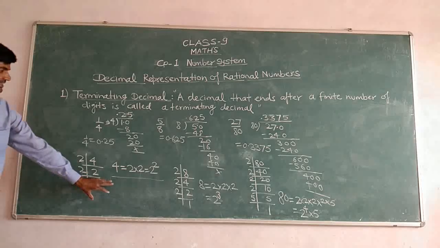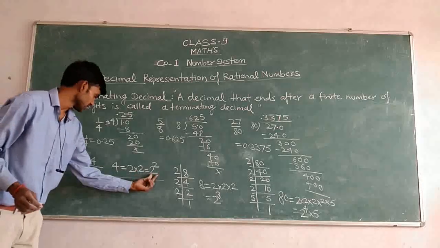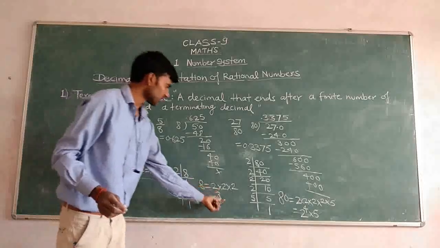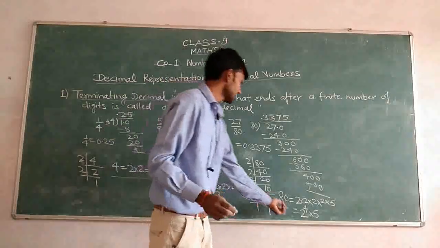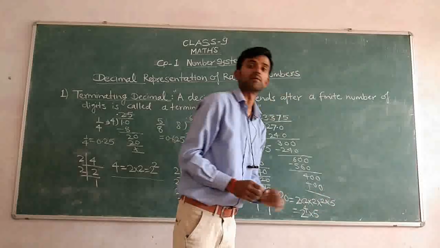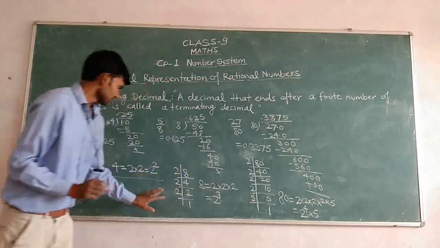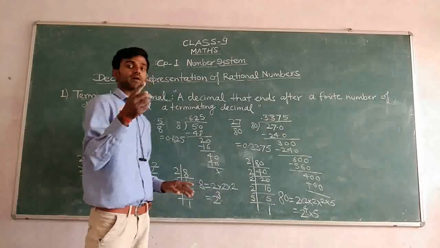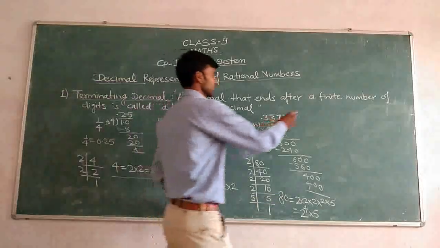Now the factors of the denominators are 2 to the power 2, 2 to the power 3, and 2 to the power 4 into 5. All the denominators have the factors only 2 and 5. It is the important rule.